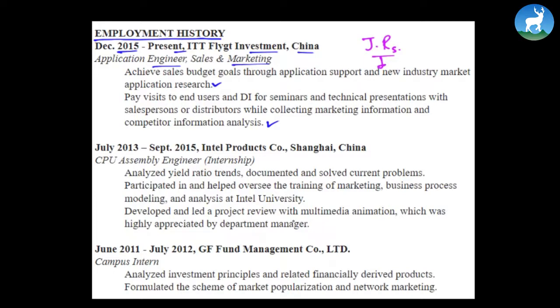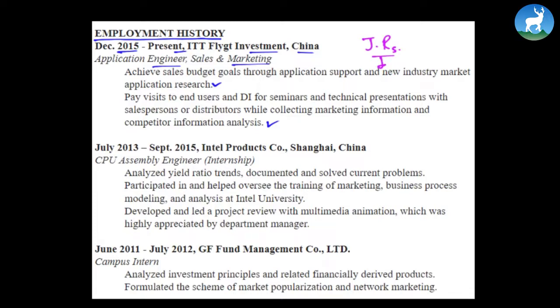We need to write the job responsibilities, but this is technical, so it may sound a bit awkward to you. Let's say if you are applying for a post of English teacher, what would you write? Past work experience: English teacher in Patan Secondary School, Lalitpur, has been teaching English for secondary level students for more than 5 years, and things like that, right?